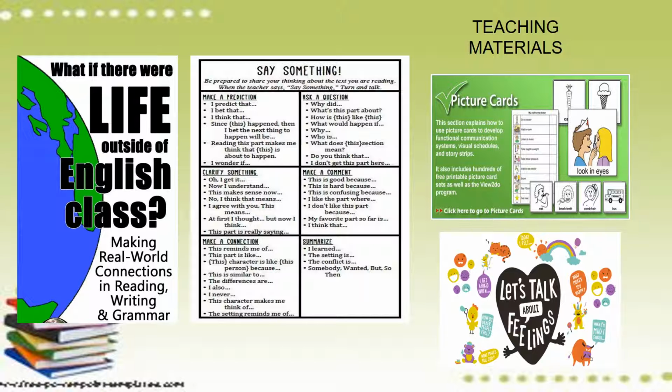Say Something is when the students are prepared to share their thinking about the text they are reading. The students make a prediction, ask a question, clarify something, make a comment, make a connection or summarize.